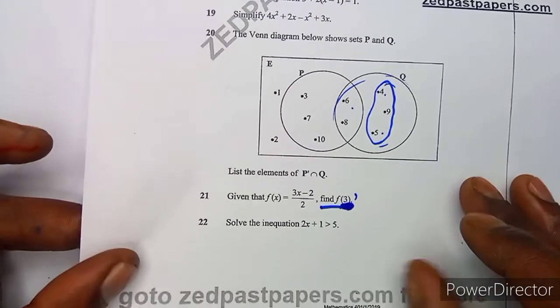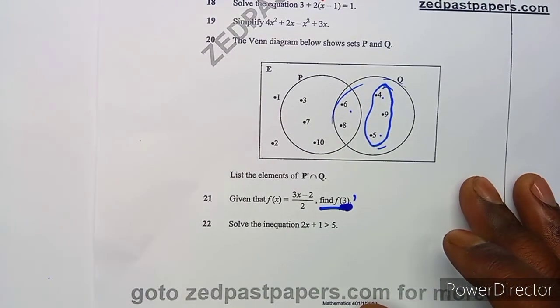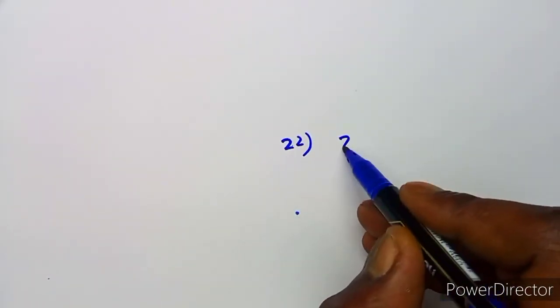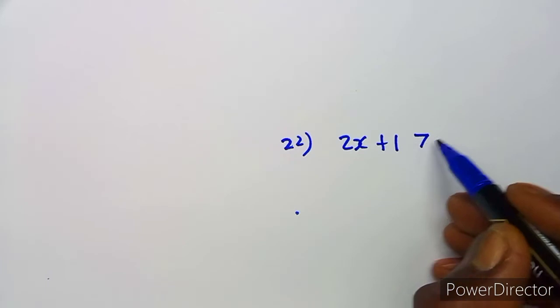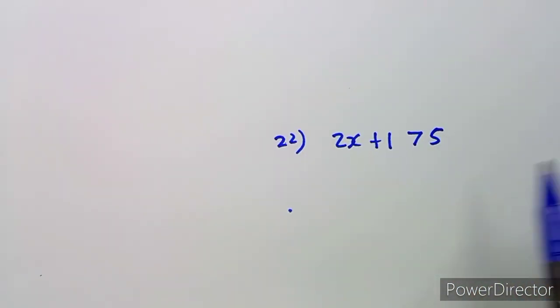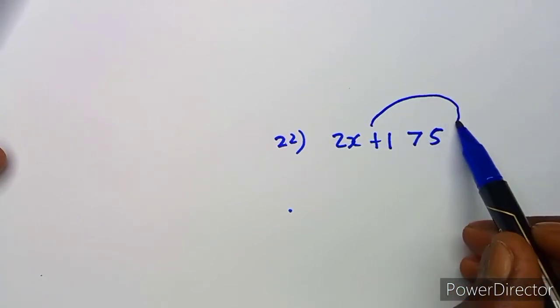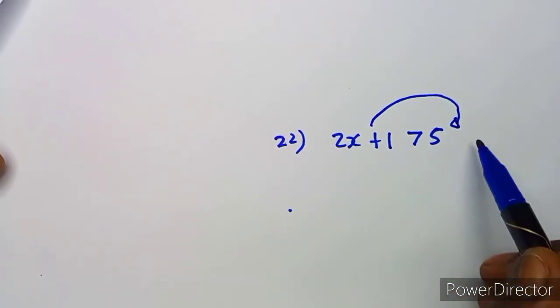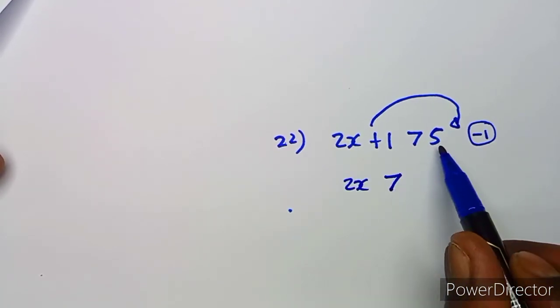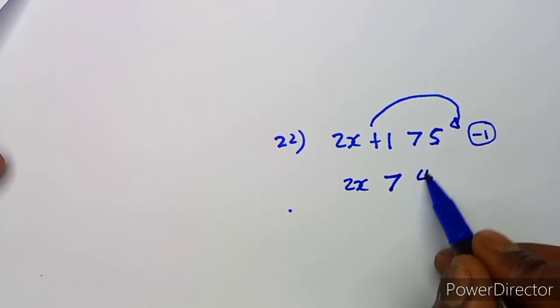Then on number 22, solve the inequation, that is the inequality, 2x + 1 > 5. So how do I solve this inequation? Simply by transposing 1 to this side. It was a plus, it is going to be a minus. So 2x is greater than 5 minus 1, which is 4.